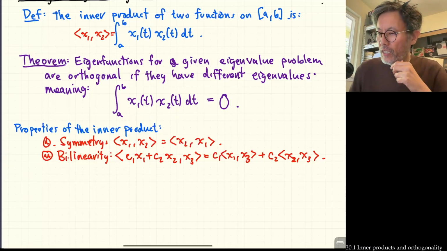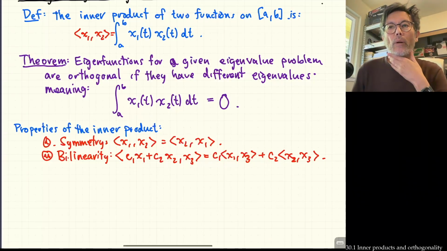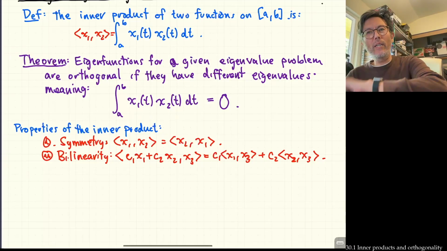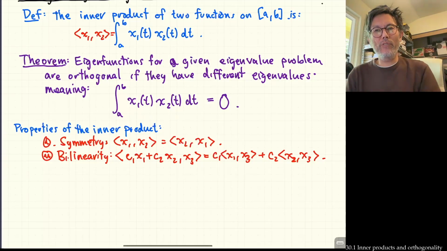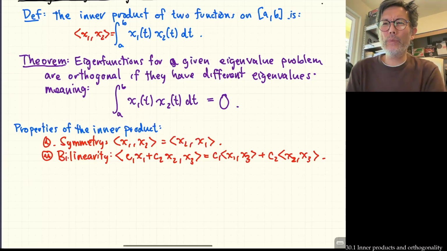Does that make sense? In other words, we're kind of splitting up this superposition across this inner product, if you like. It's kind of like the inner product distributes over addition and scalar multiplication, and respects scalar multiplication.